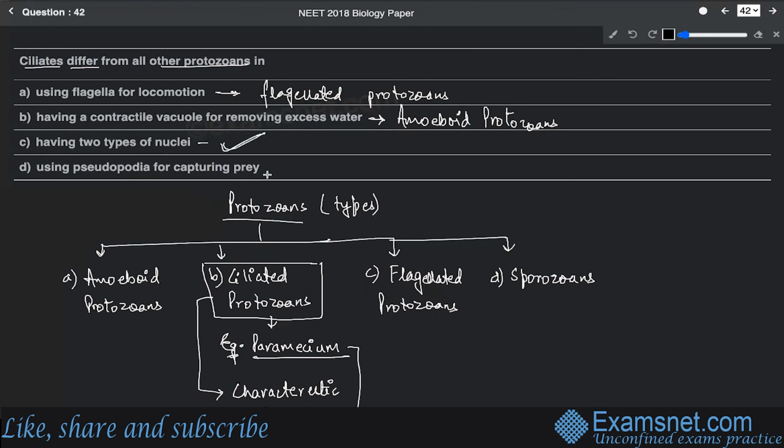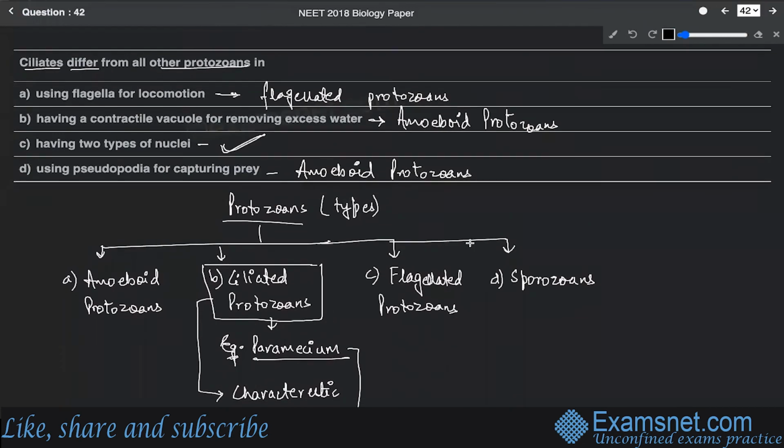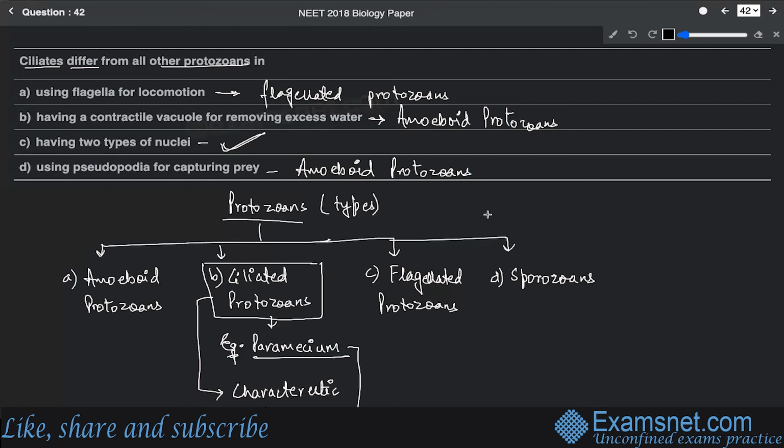Using pseudopodia for capture of the prey, this is amoeboid protozoans. Pseudopodia or false feet, amoeboid protozoans. All right, so the correct answer is option C over here.